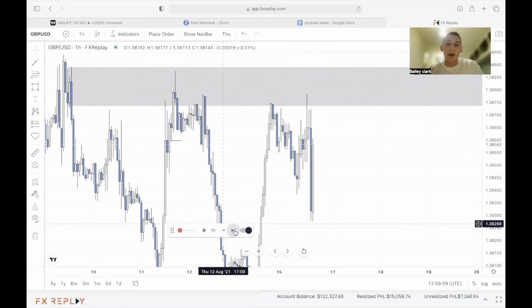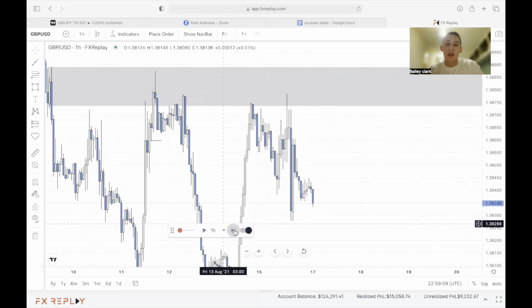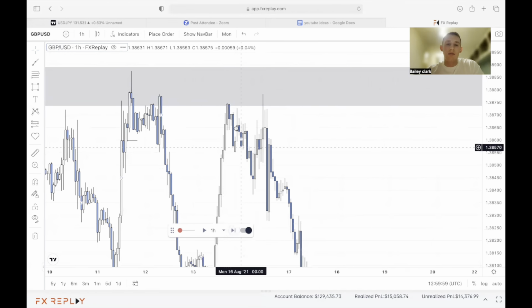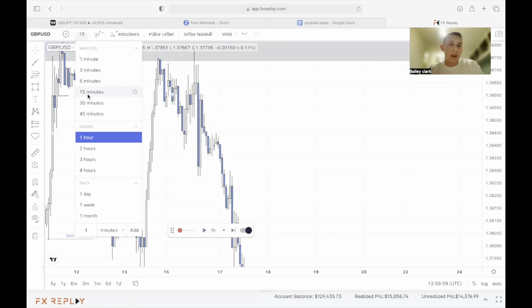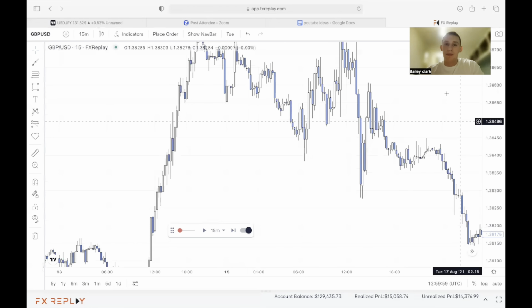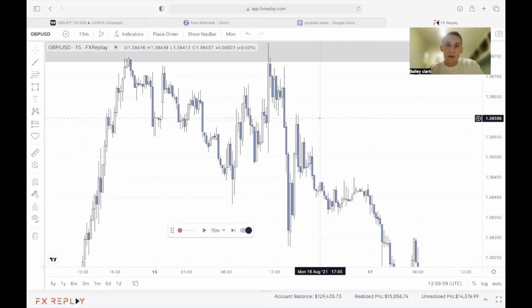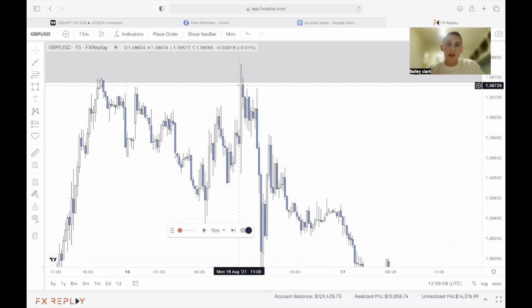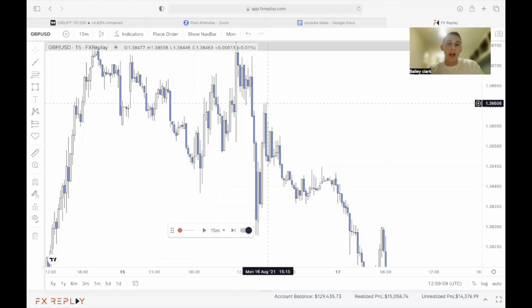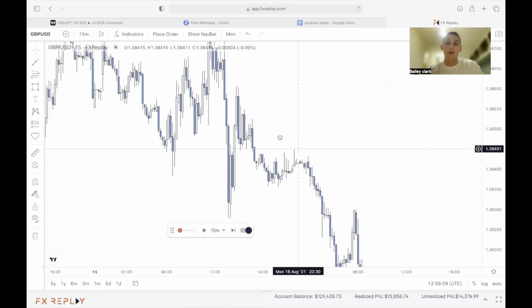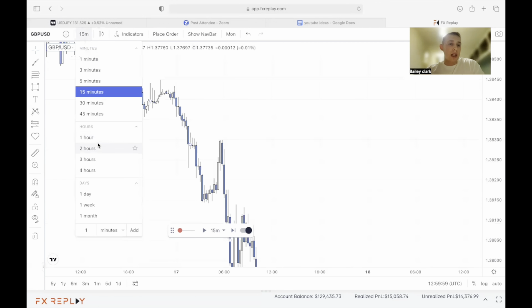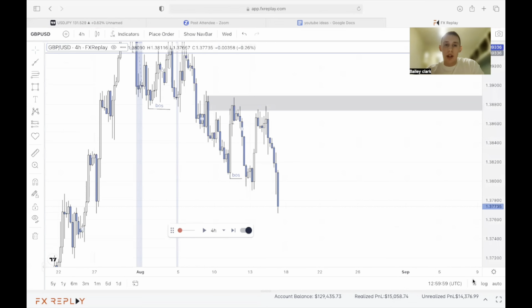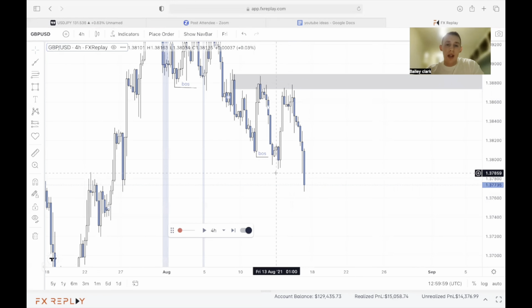I still see price coming higher than that actually. Or not. Let's look where we could have got an entry on that. We could have seen this is the sweep, this is the break, and then this is the supply area for price to pull back to. That was a mistake. So no entry there, unfortunately.